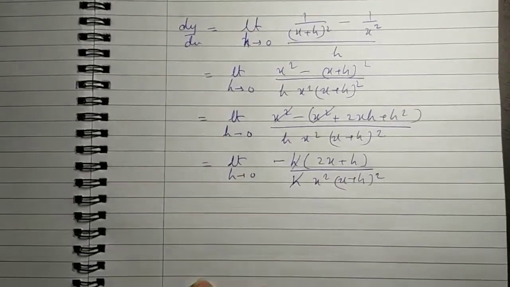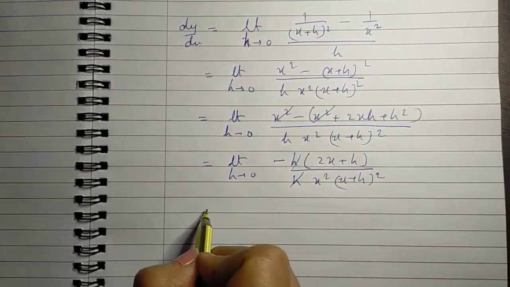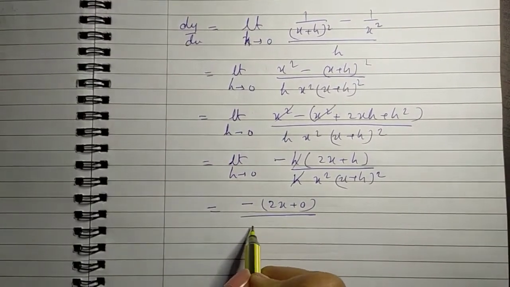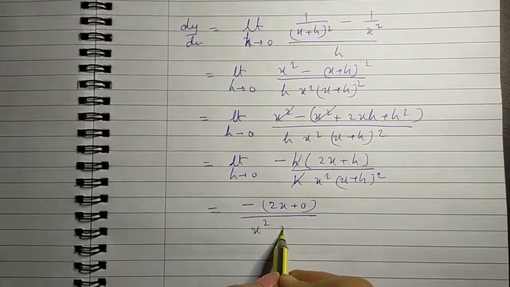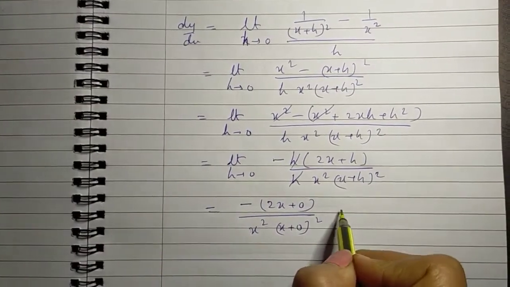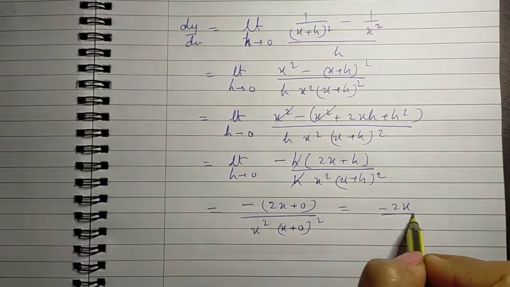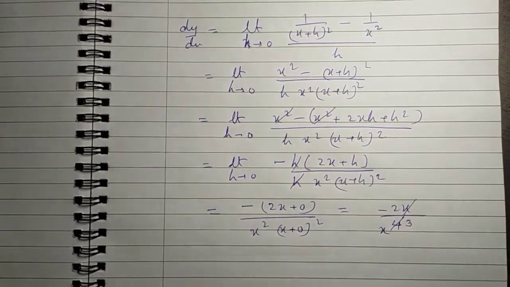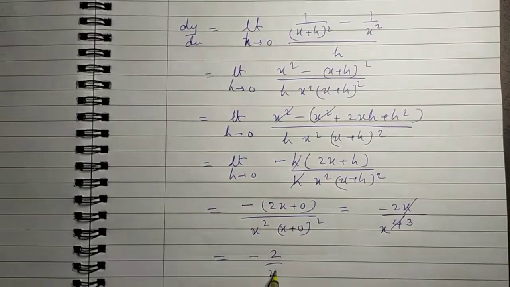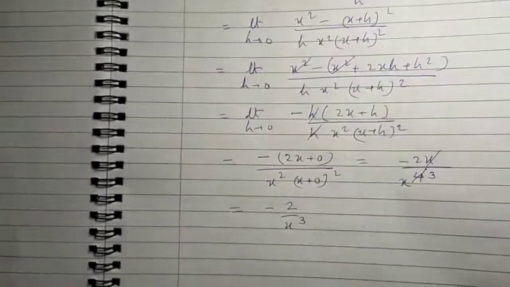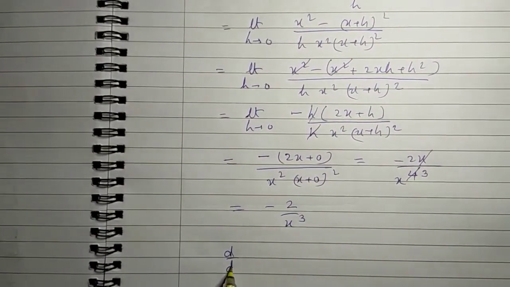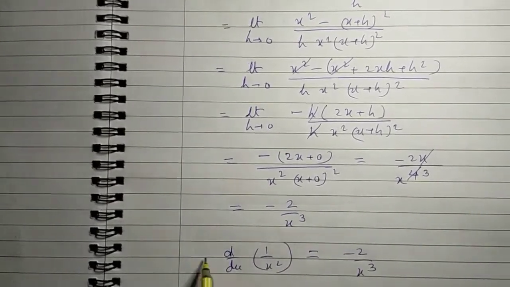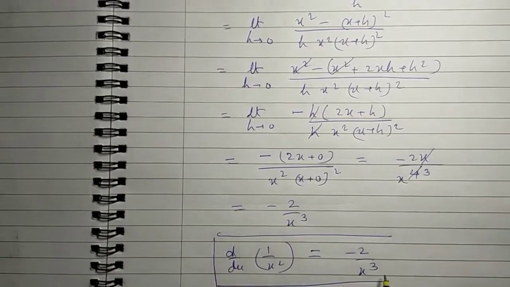This h gets cancelled in the limiting case, and when you apply the limits, you get minus 2x plus 0 upon x square into (x plus 0) whole square, which comes out to be minus 2x over x raised to the power 4. One x gets cancelled, so we get minus 2 over x cube. So the derivative of 1 upon x square comes out to be minus 2 over x cube.